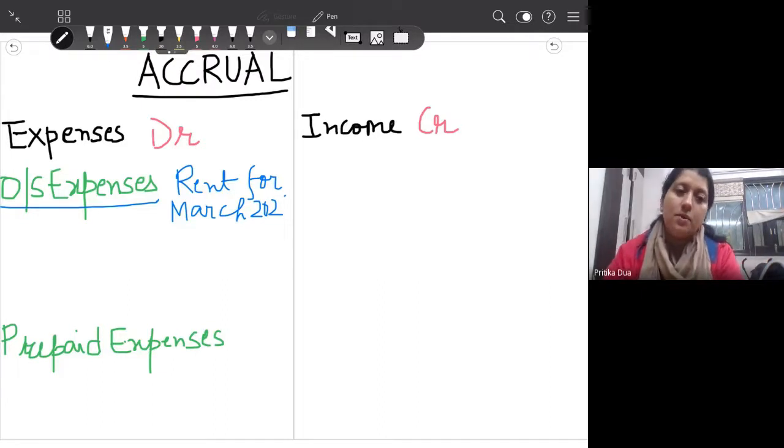Okay, so now this rent is unpaid till the last day of the financial year 2021. How do you treat this adjustment? Again, this information will be given as additional information, so we take the effect at two places.